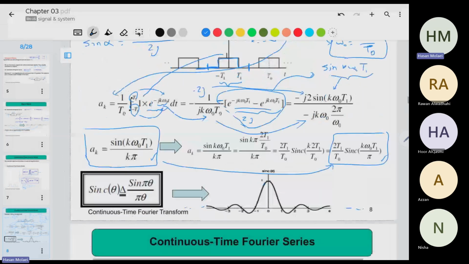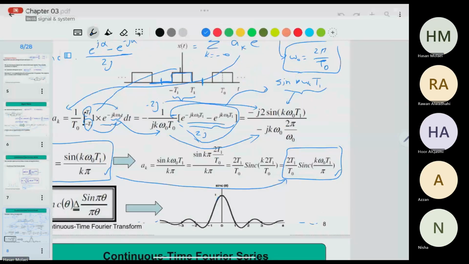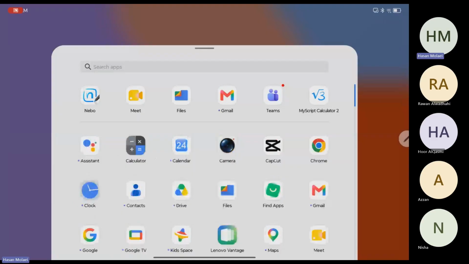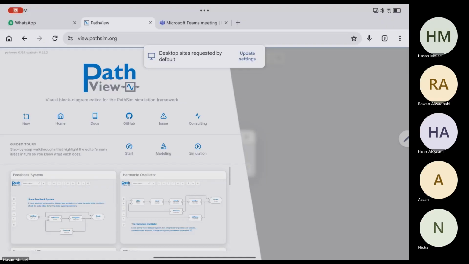So let's go to C1. Can you open PathView? I just want to play some signals.